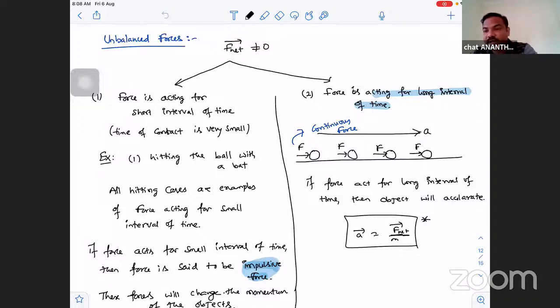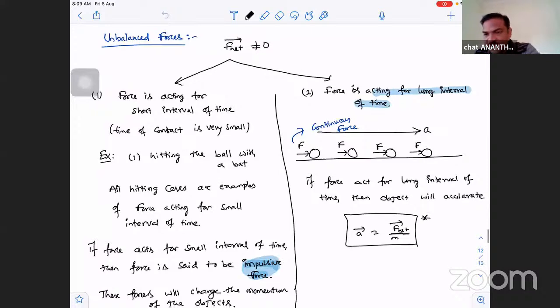When force acts for a small interval of time, we call it an impulsive force. So hope all of you revised. Impulsive forces do not accelerate the body because they act for a very small interval of time. So what they do is change the velocity of the body, so we say they change the momentum of the body. Hope all of you realize this.